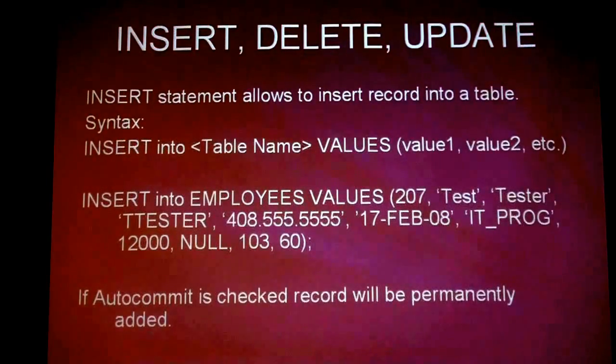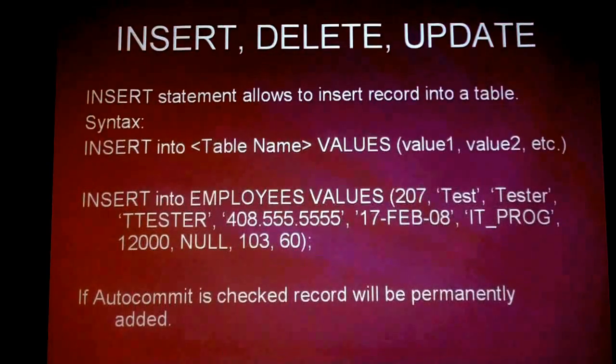In this case, I have to make sure that 207 is free, is not used, because if it turns out that an employee with employee ID 207 already exists, this insert statement will be thrown back by Oracle saying, you are violating the primary key constraint. You cannot have two employees with the same employee ID. You actually compromise the whole ID of this table. So it's my job to make sure that this 207 is unique.